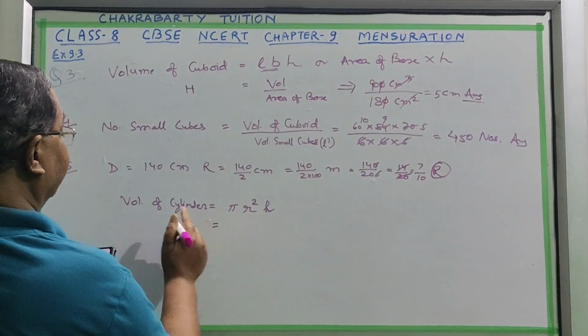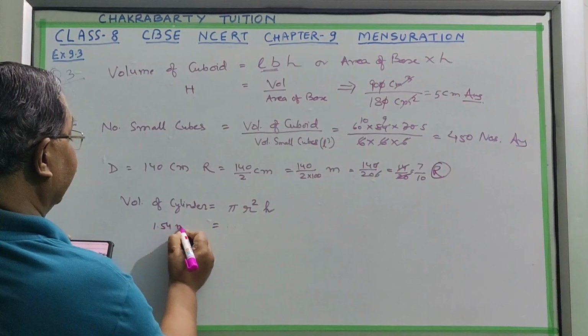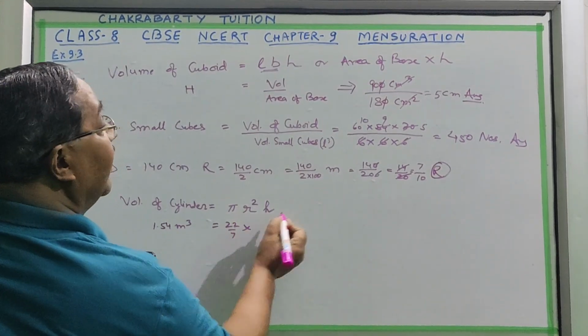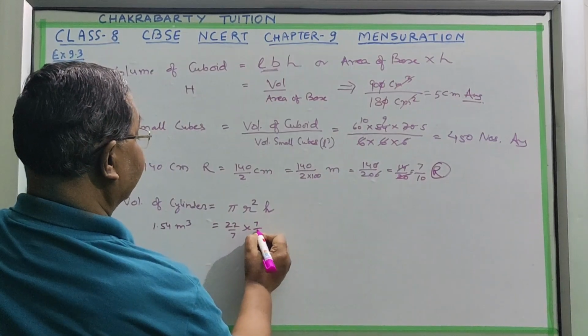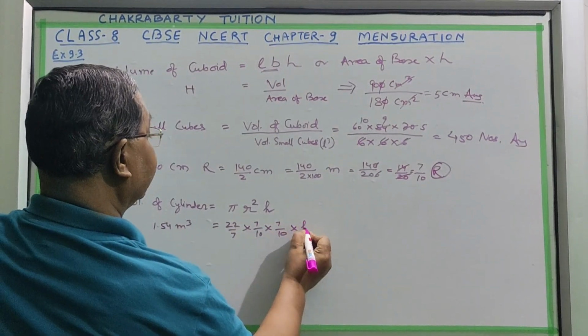So height will be equal to, first we write volume of the cylinder 1.54 meter cube. Pi is equal to 22 by 7, r is equal to 7 by 10 into 7 by 10 into height. Okay.